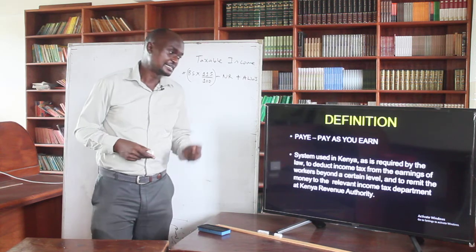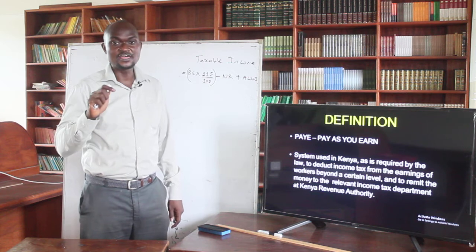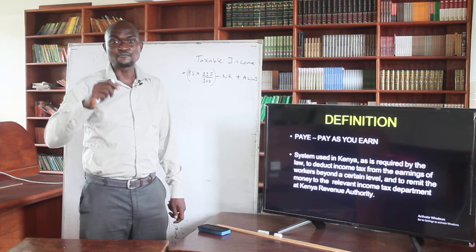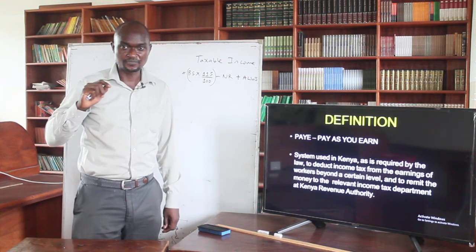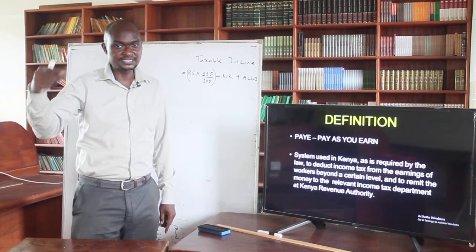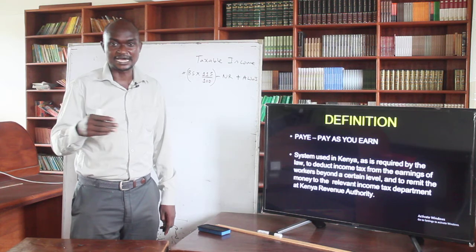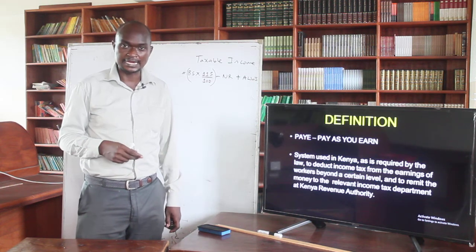So what is this? It is a system used in Kenya, as is required by the law, to deduct income tax from the earnings of workers beyond a certain level and to remit the money to the relevant income tax department at Kenya Revenue Authority, commonly called KRA.